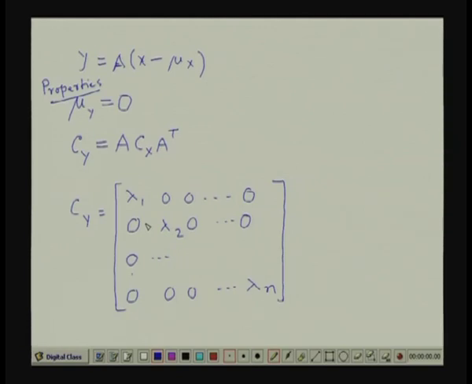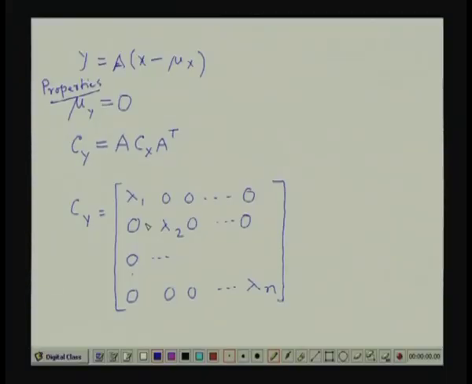We can obtain the covariance matrix Cy from the covariance matrix Cx and the transformation matrix A. The eigenvalues of Cy are the same as the eigenvalues of Cx, and as the off diagonal elements of Cy are equal to 0, that indicates that the different elements of the vector y are uncorrelated.